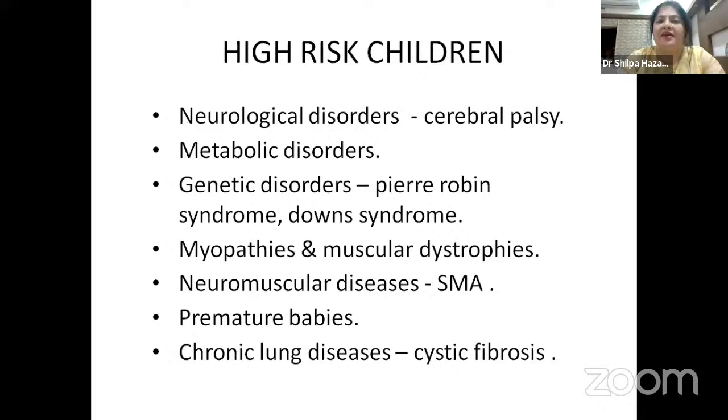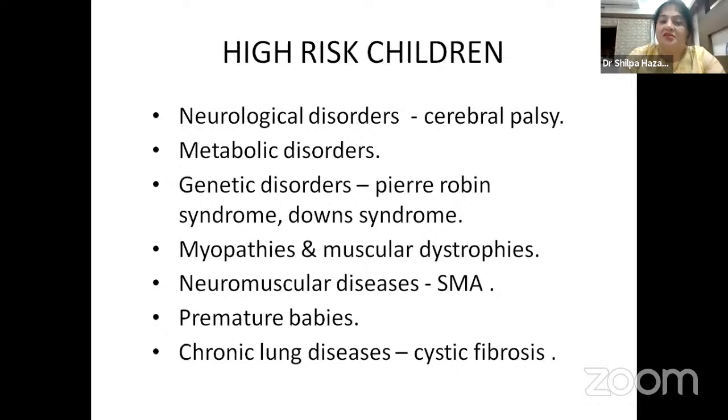So who are the high risk children in whom recurrent or significant aspirations are likely? The most common is neurological impairment, the commonest being cerebral palsy. They are at high risk of aspiration. There are quite a few metabolic disorders, and in metabolic disorders also, along with other things, there will often be neurological impairment.